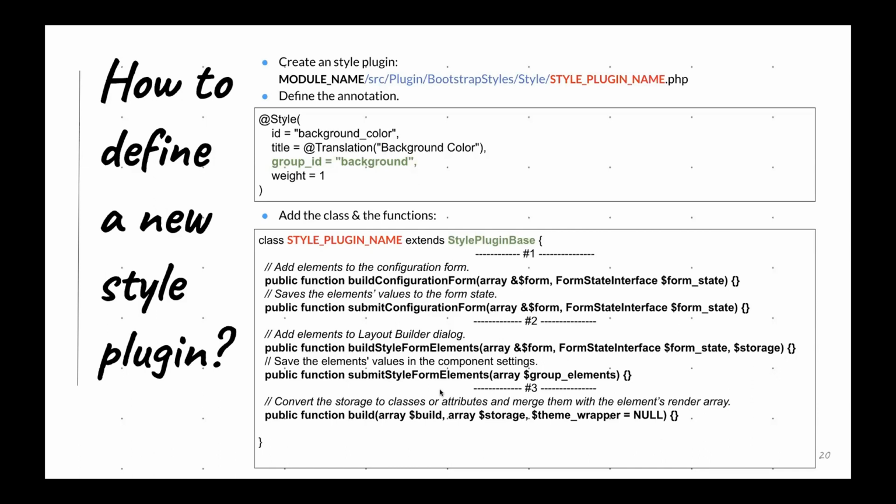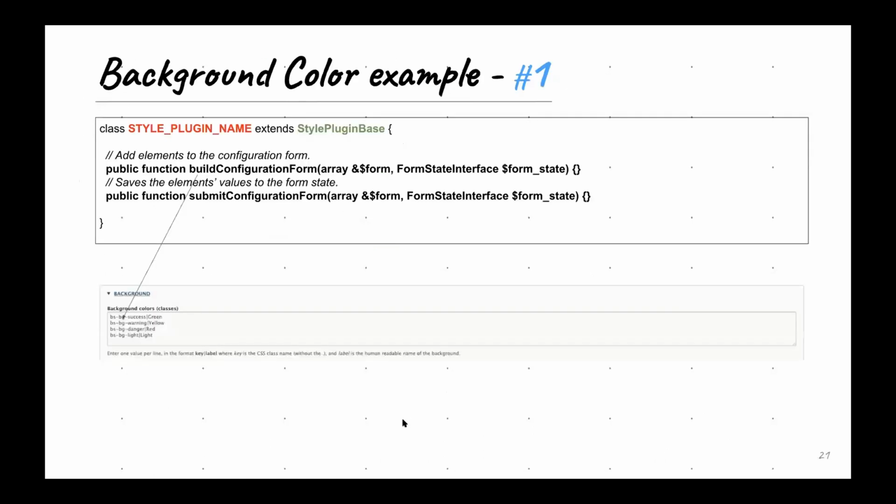As I mentioned on group, we save in component setting on layout section setting. So we actually save a blob configuration on the database. So the build responsibility is to convert the settings to a render array, which appears in the next slide.